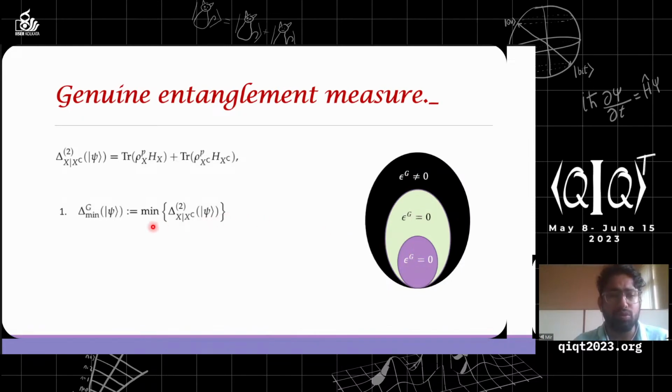I told you earlier that the bipartite ergotropic gap plays the major role everywhere. So here also I defined a quantity which is a minimization over all bipartitions. We'll see that for the genuine entangled state, this value would give you non-zero, but for all other cases like fully separable or biseparable cases, this would give you 0.